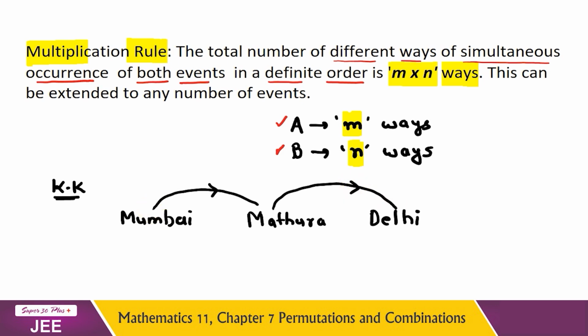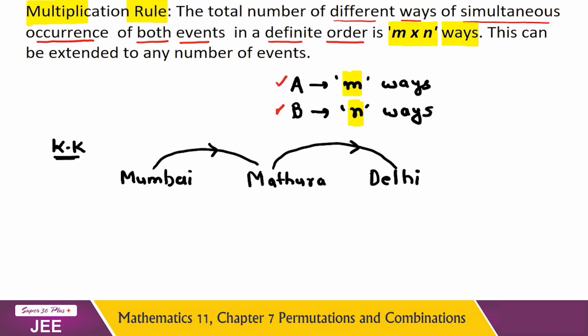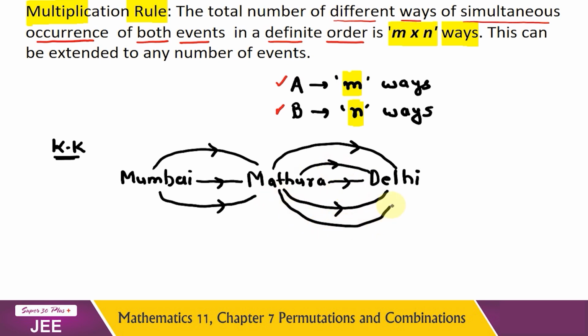Alright, so let us consider that while going from Mumbai to Mathura, she has three different ways in which she can go. And from Mathura to Delhi, let's say she has 5 different options or 5 different ways in which she can move. Let me name them. This is T1, this is T2, T3.